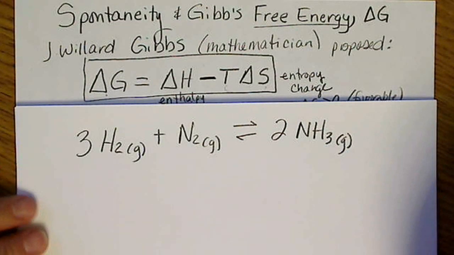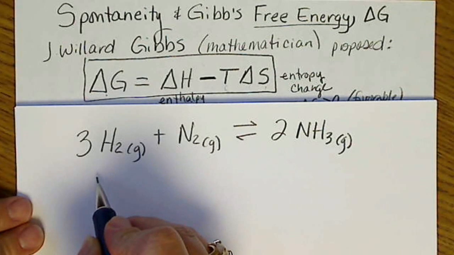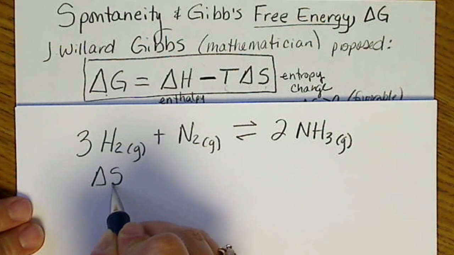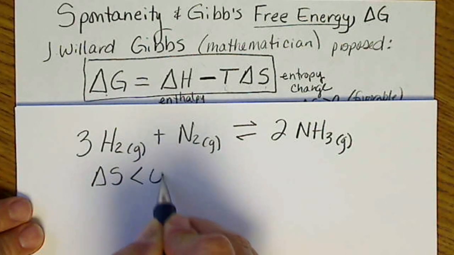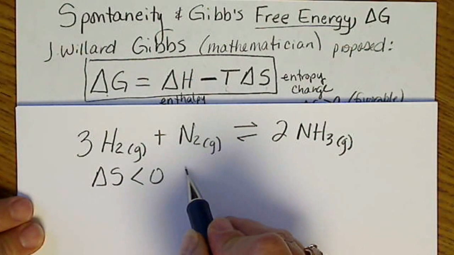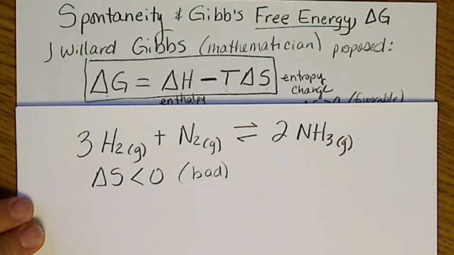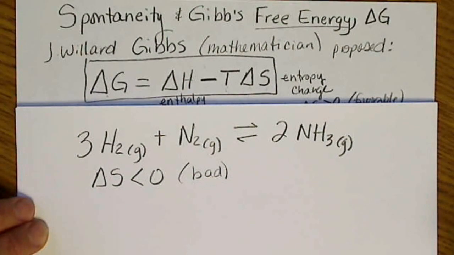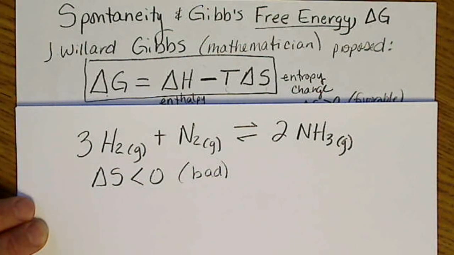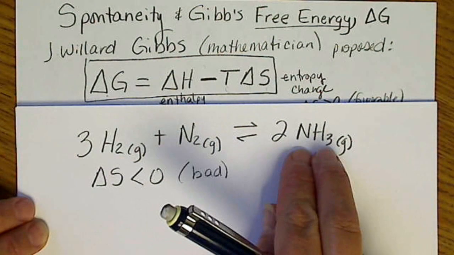And we looked at this and we decided that the delta S term is less than 0. So this is not favorable, or an easy way to say that, I'll just say it's bad. So nature is not going to proceed in that direction from disorder to order.